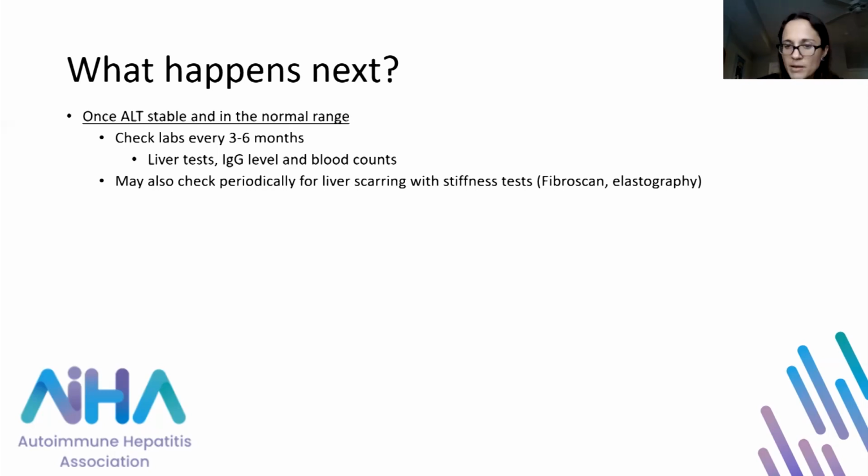And that includes the FibroScan or elastography, which can be done either as part of an ultrasound or an MRI. And those usually we will check every couple years or so. Liver stiffness does not typically develop overnight, so it does take some time for that to occur. So usually we'll check for that every 1 to 3 years, depending on what's going on with the patient.